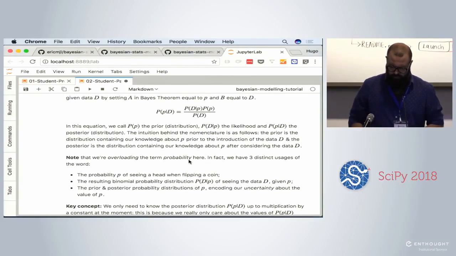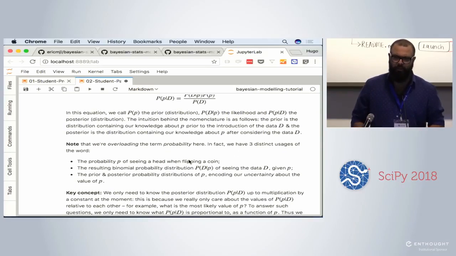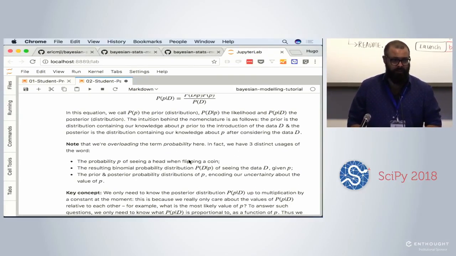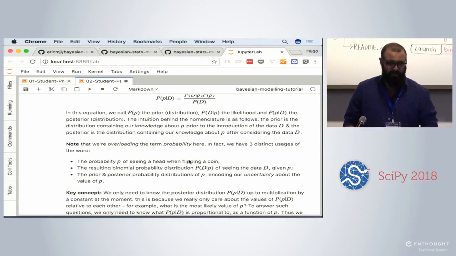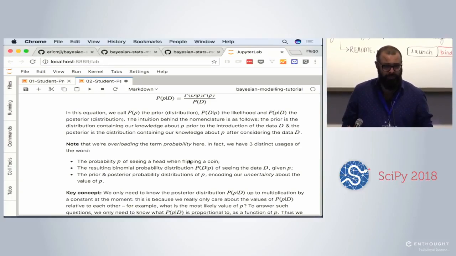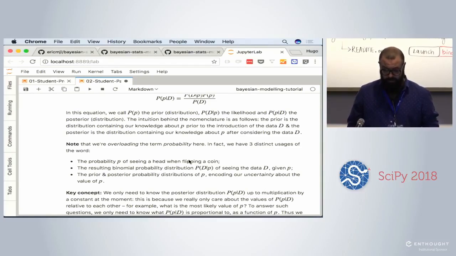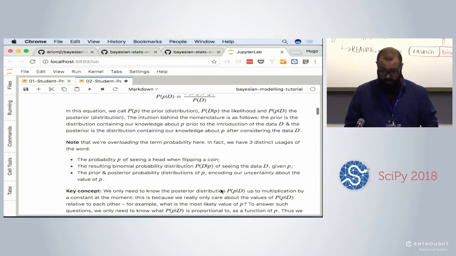Now, all of this I've just gone through. I want to make a quick note, and this is really important, that something I've done here and something we've done culturally is totally overloaded the term probability, okay? I've used the word probability to mean this P, which is the probability of seeing heads when flipping a coin. I've also used the word probability when talking about the binomial probability distribution, so the probability of seeing data given a particular P, so that's also a probability.